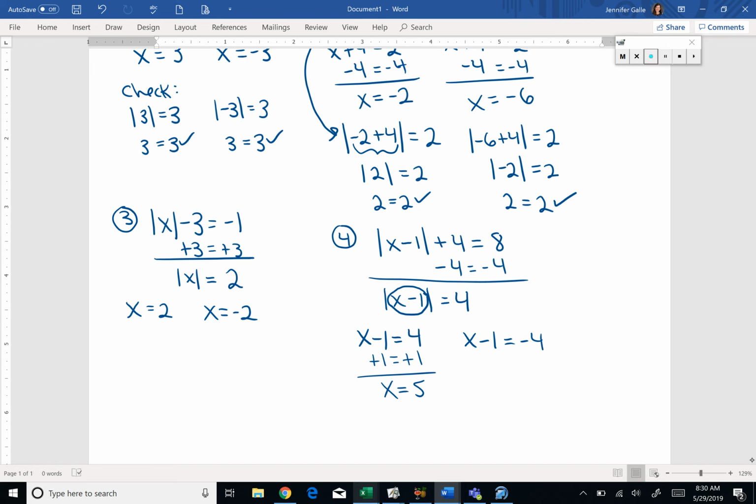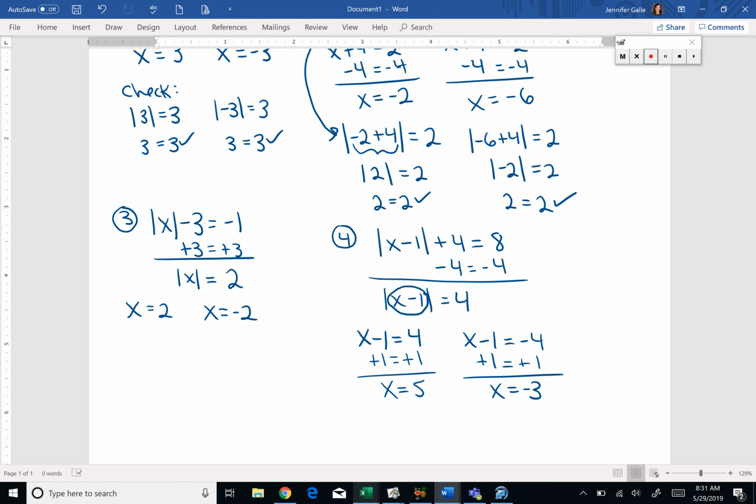But I don't just take that positive 5 and then make that negative and call it a day. I need that other case. I need that x minus 1 inside the bars to equal negative 4 somehow. In order to do that, it's going to take x equals negative 3.